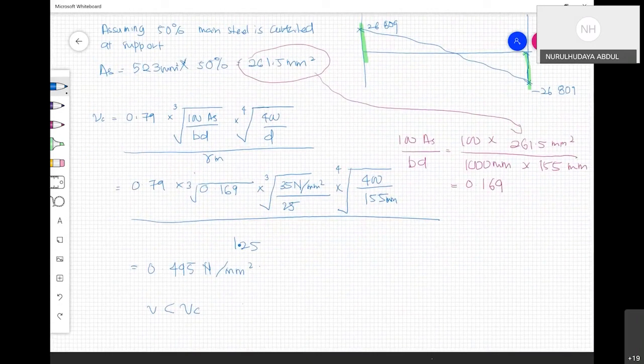Okay, obviously no shear reinforcement is required. Okay, hooray. Jadi kita dah siap.